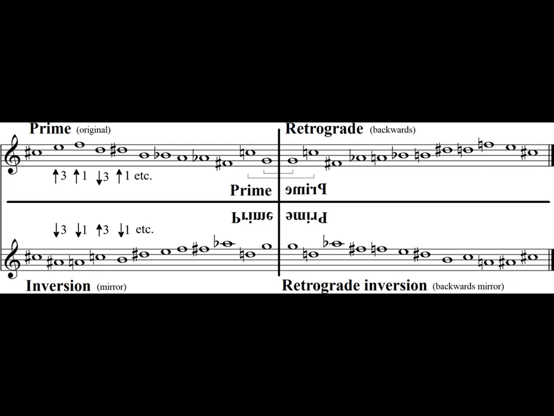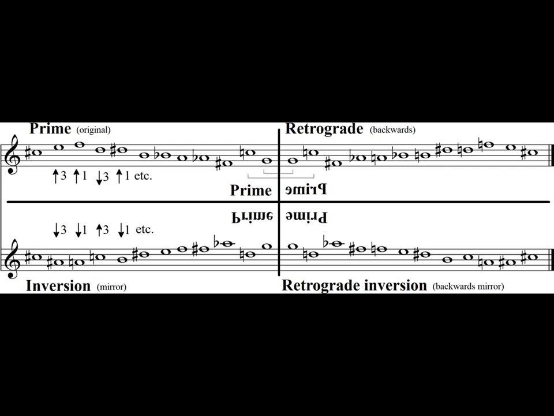So you can see, as I've shown with the arrows and semitone counts, that whereas the prime, the original form of the row, goes up 3 semitones, C sharp to E, the inversion below it goes down 3 semitones from C sharp to A sharp, and then the prime goes up 1 semitone to F, so the inversion goes down 1 semitone to A, and so on. So you get a mirrored version or an inversion of the prime form of the row.